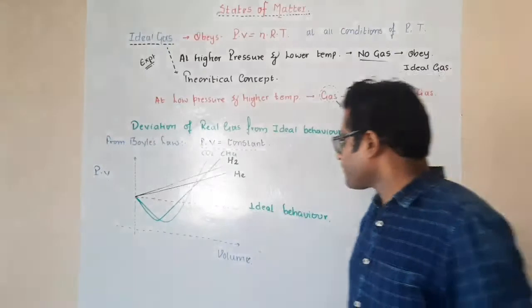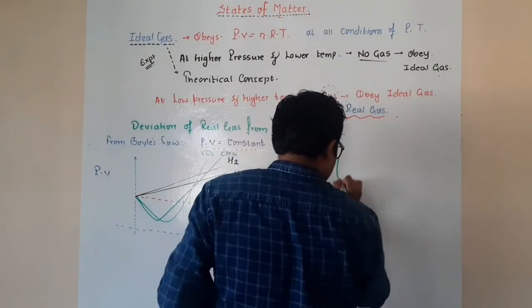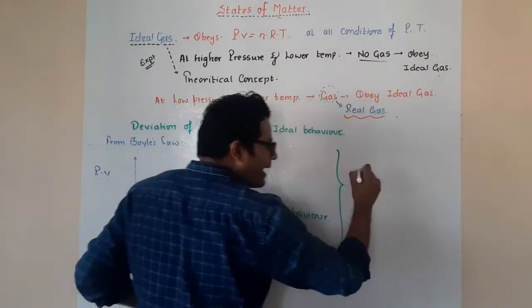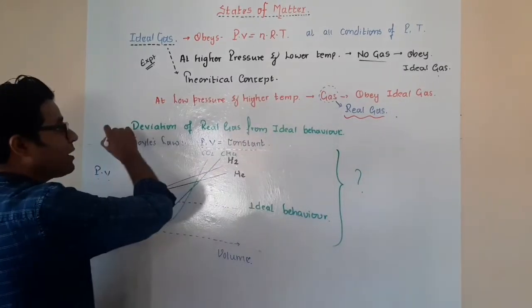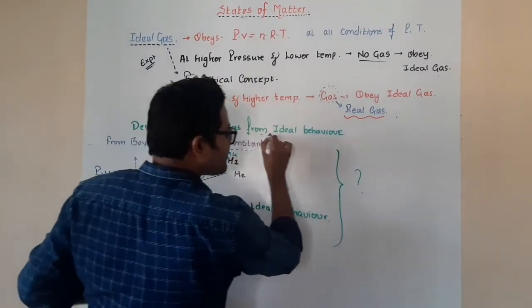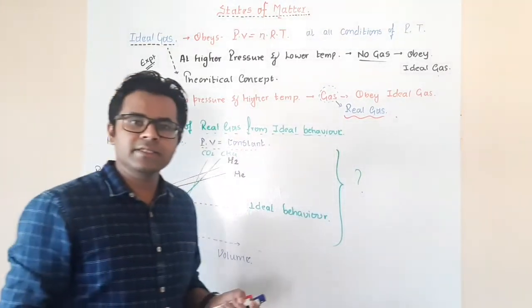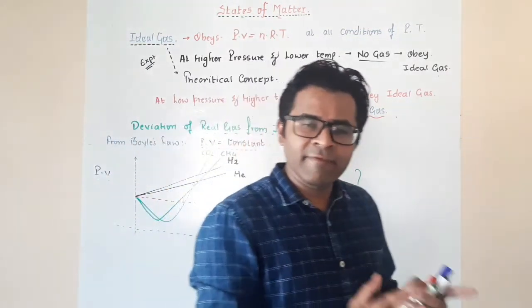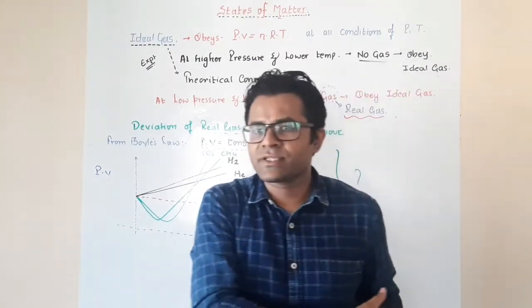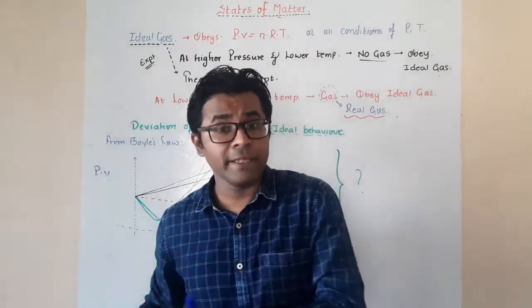Now the next concept we need to understand is why there is a deviation. We have understood how these real gases deviate from their ideal behavior. In the next concept we shall understand why there is a deviation of these real gases from the ideal behavior.